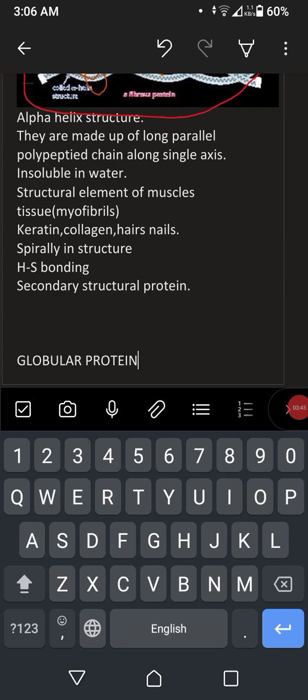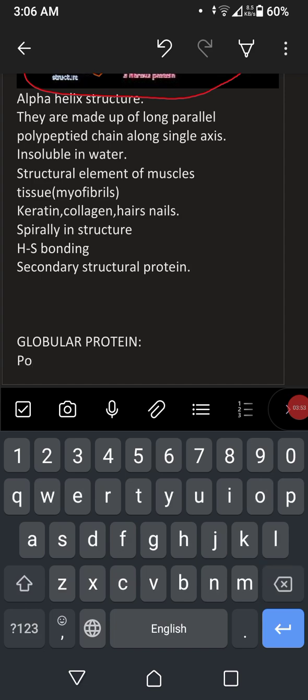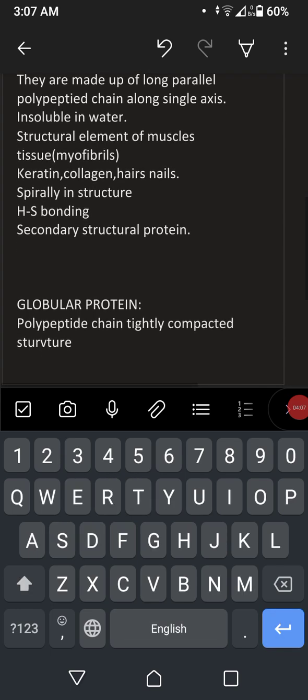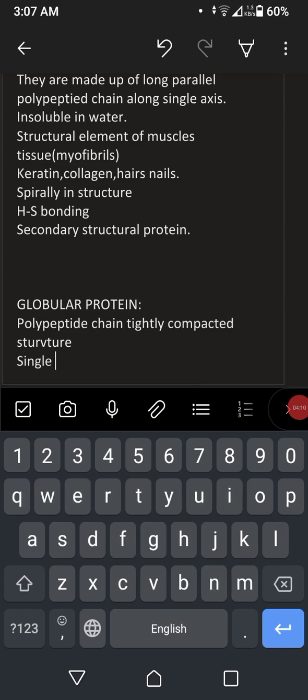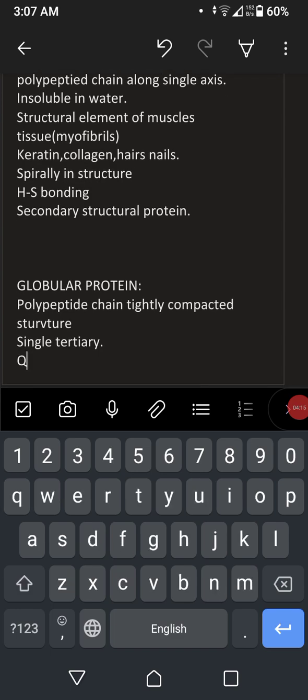So next we have the globular protein. Globular proteins have a polypeptide chain with a tightly compacted structure, and it has a single tertiary structure, which means that it has a quaternary structure.